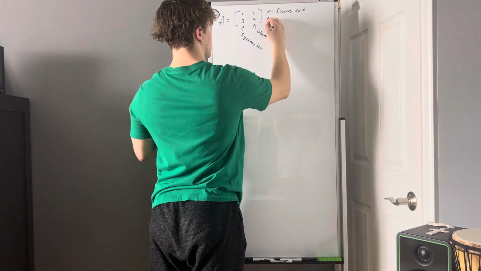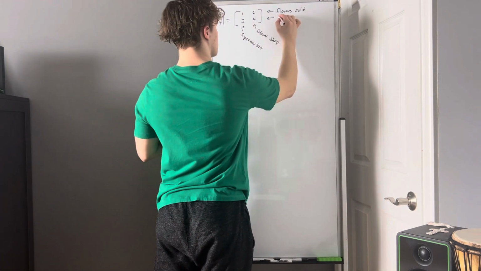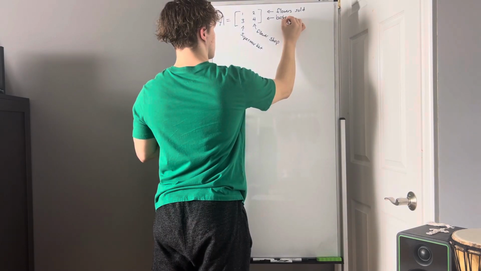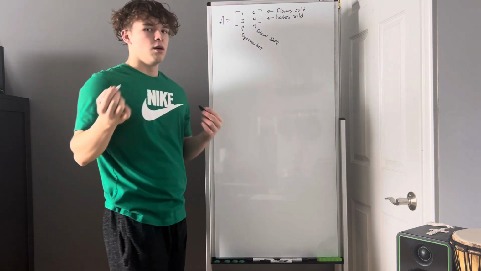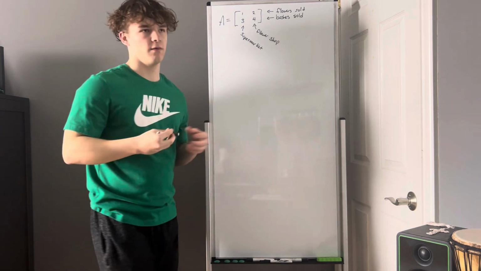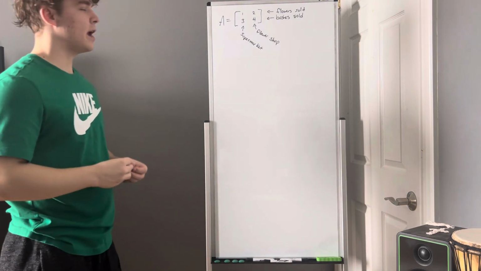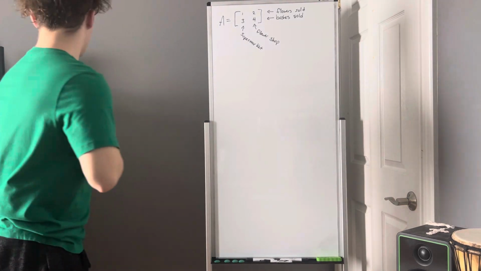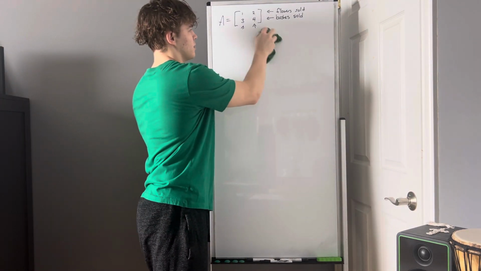And this one could be bushes sold. We could say maybe this is total flowers and bushes sold. Anyways, that's basically all we really need to know, is that these regular matrices are just sets of numbers.